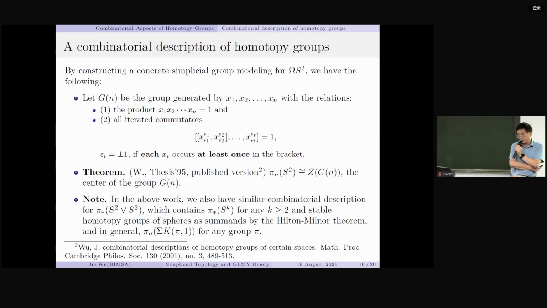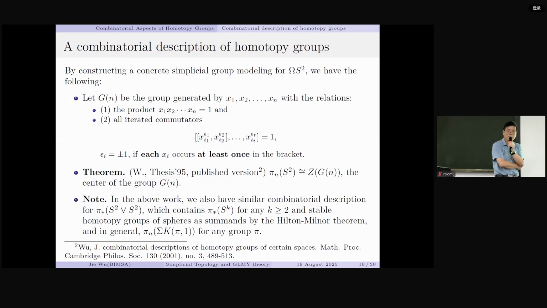Of course there's a similar description for wedge of S2, or generally the suspension of K(π,1). So let me make a remark here. S2 is a two-dimensional sphere. It looks like a simple object, right? Now, if you take two two-dimensional spheres and join them at one point, that's called a wedge.